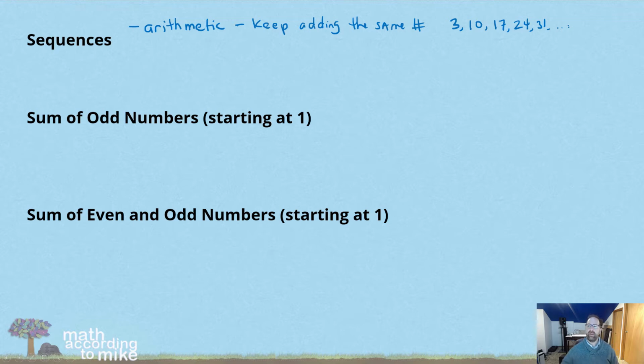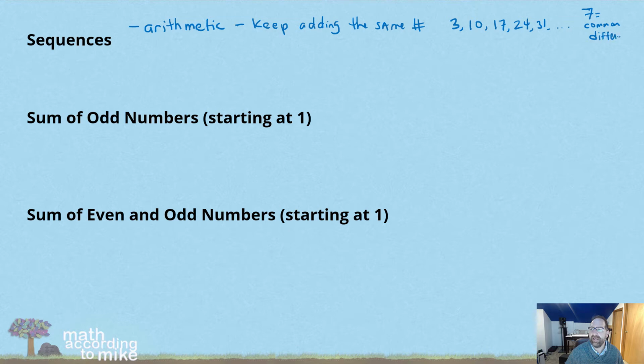I keep adding 7. So this would be an arithmetic sequence, is the formal name. And the number I keep adding is 7. And just in case the book asks for it as a homework, 7 would be called the common difference.